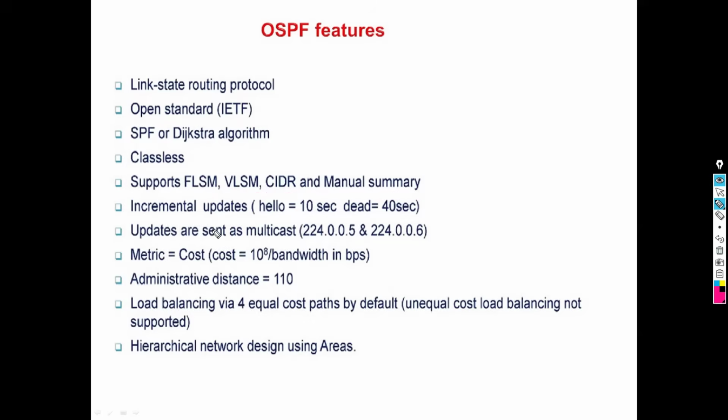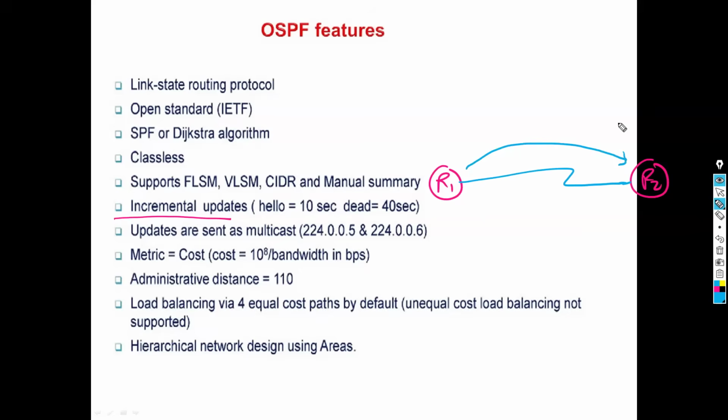So OSPF sends incremental updates. Incremental update means whenever a change happens. For example, we have an R1 router and an R2 router. OSPF always sends incremental updates. R1 will exchange its routing table information with R2.